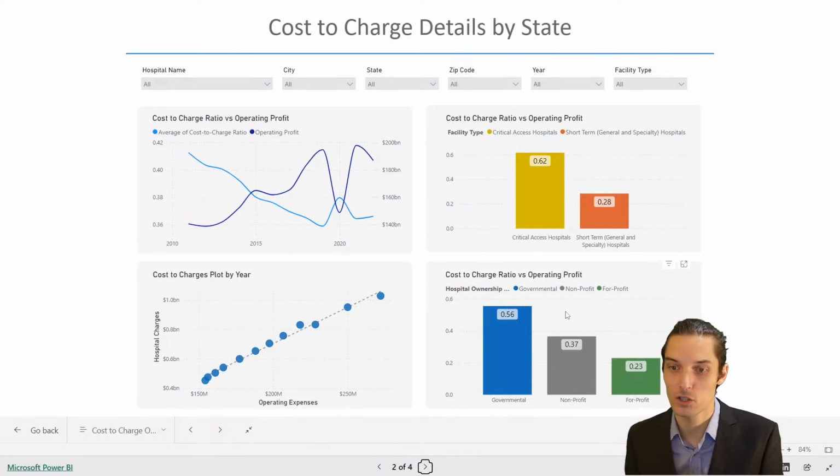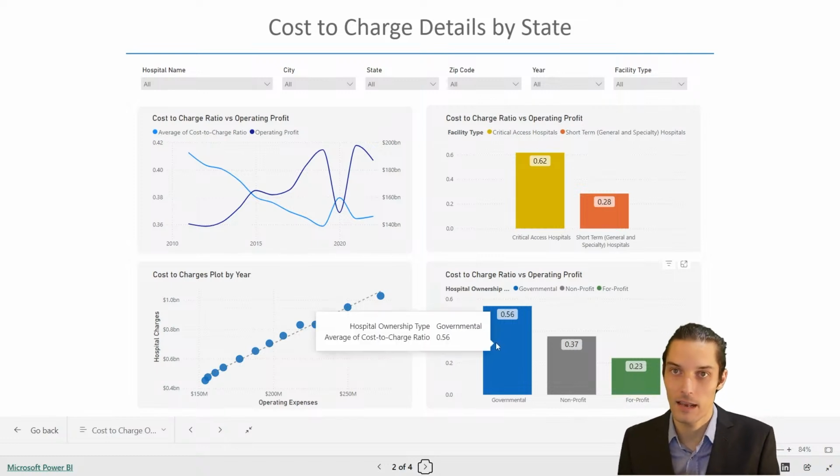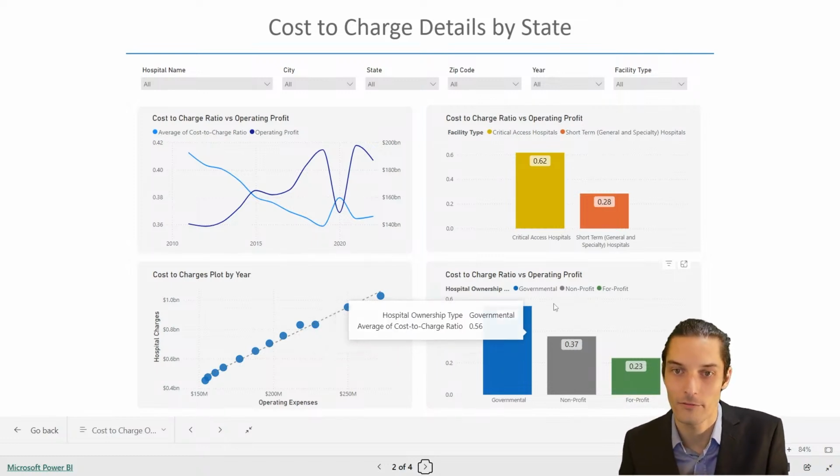And so that negotiation, if you're in an organization or being served by an organization that's a for-profit organization, is a lot more important than if you're in a government facility or not-for-profit.